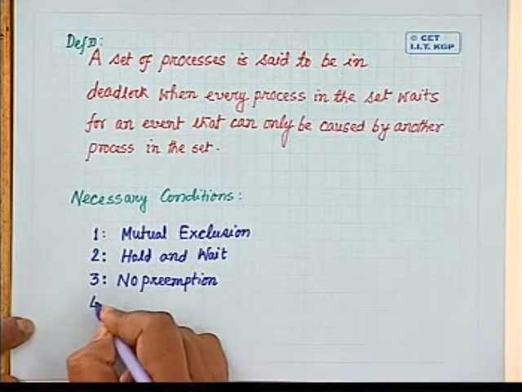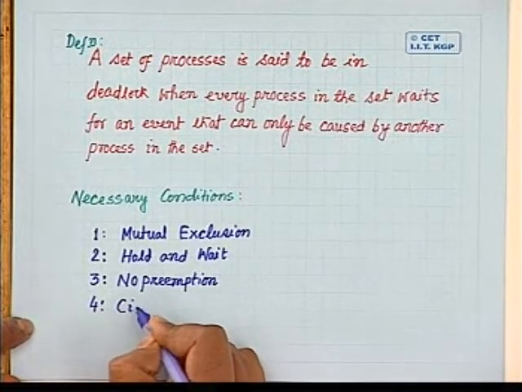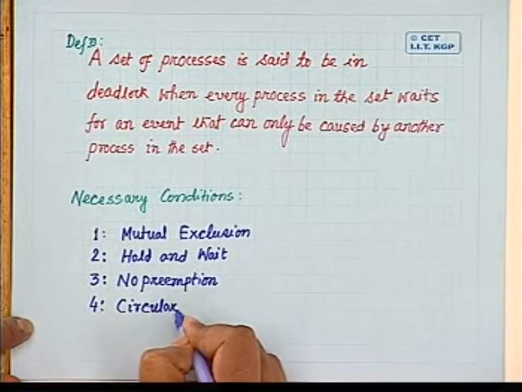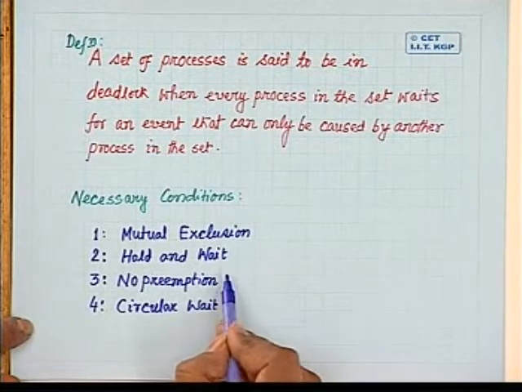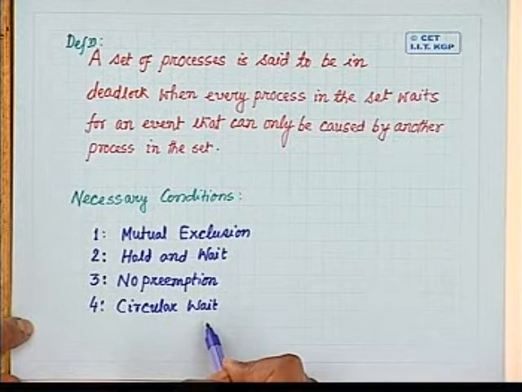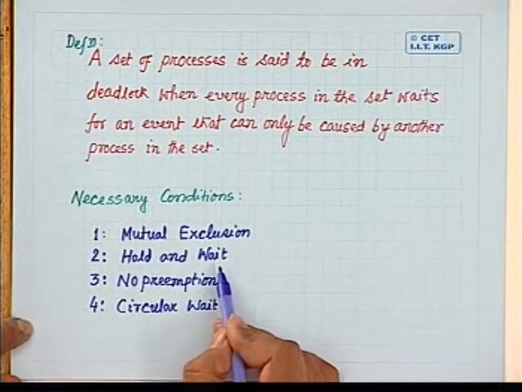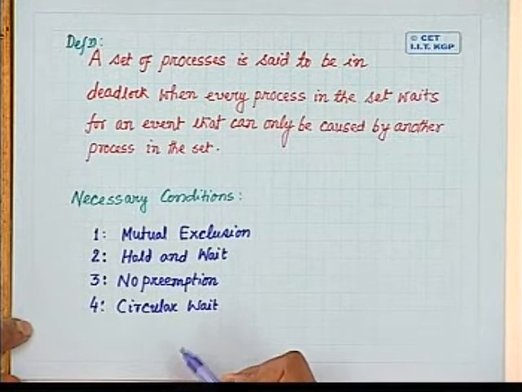And the fourth condition for occurrence of deadlock is what is called circular wait. Of course, we can say that this circular wait is an extension of hold and wait, because it is the hold and wait which leads to the circular wait condition. But even then, it is better to keep them separate, because this will ease our analysis of the deadlock problem.